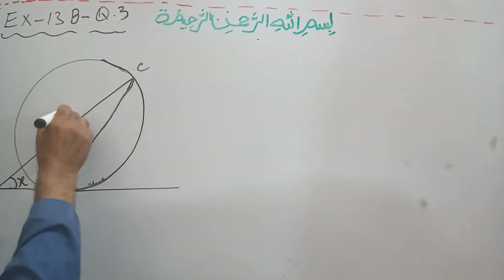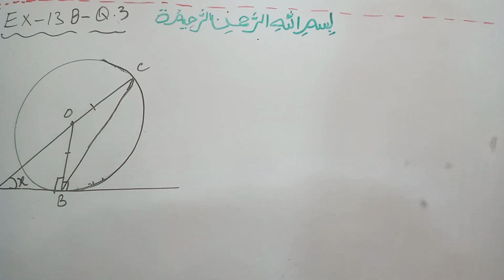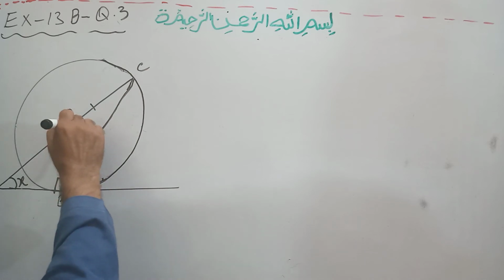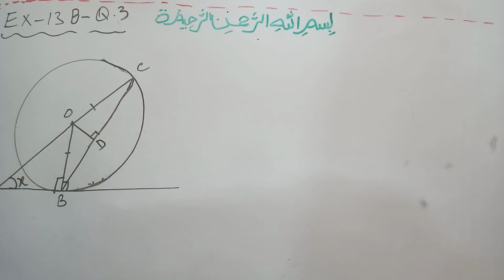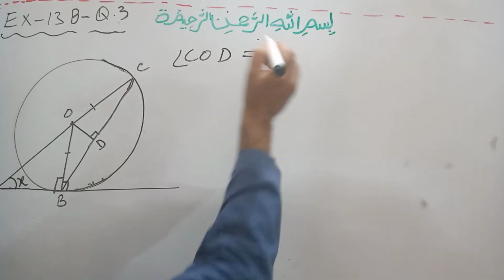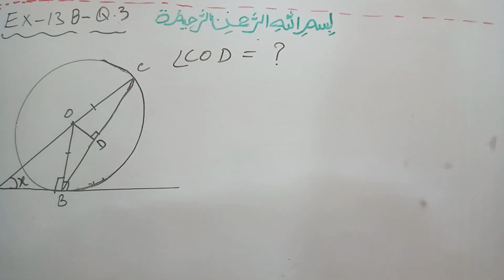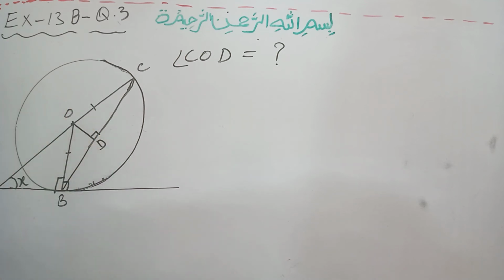You can see that OC and OB both are radii of the circle. So this meets this triangle at point D. Given that angle BAC is X, find angle COD in terms of X. Angle COD is required in terms of X. Now, for this angle COD, we know that this angle is bisected.